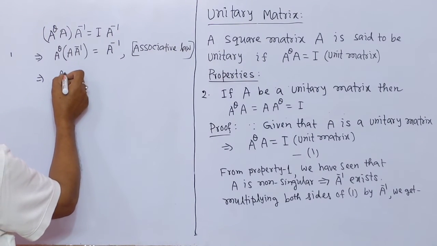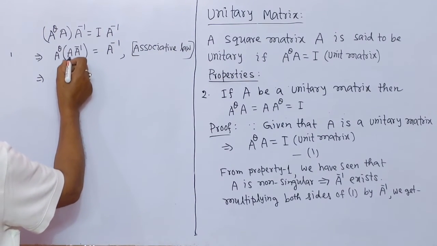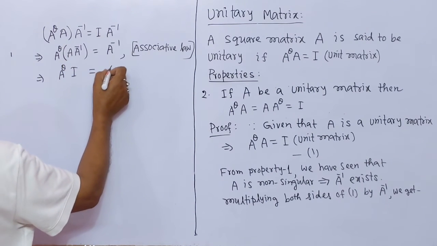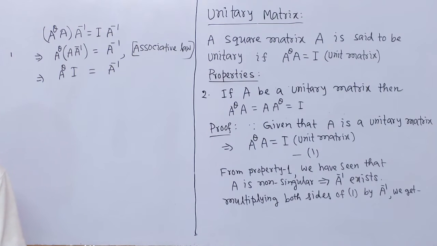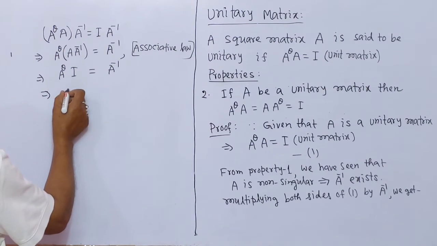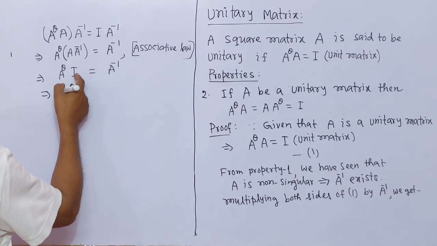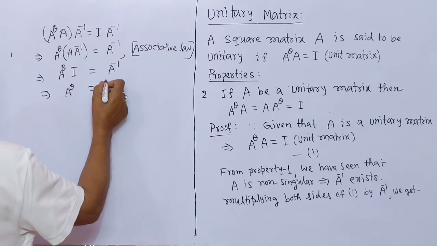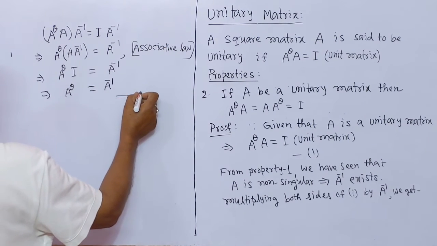A theta multiply A inverse is unit matrix, and this is equal to A inverse. Implies that A theta multiply unit matrix is A theta equals A inverse. This is number 2.